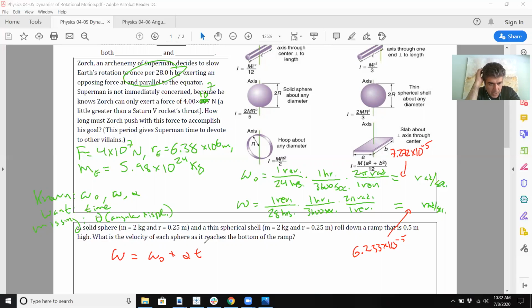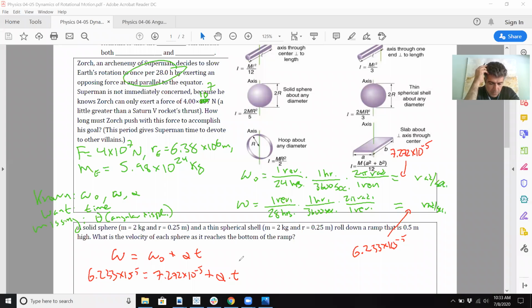So now we know our omega, which is 6.233 times 10 to the negative 5th. Our omega 0 is 7.272 times 10 to the negative 5th. Plus alpha times t. We want to solve for time, obviously, because that's what it's asking for. How long must he push this force to accomplish his goal? But we don't know alpha just yet, so we're going to have to figure that out.